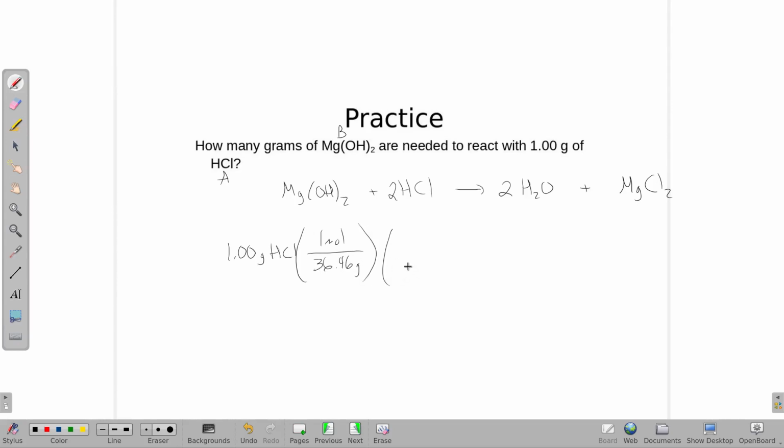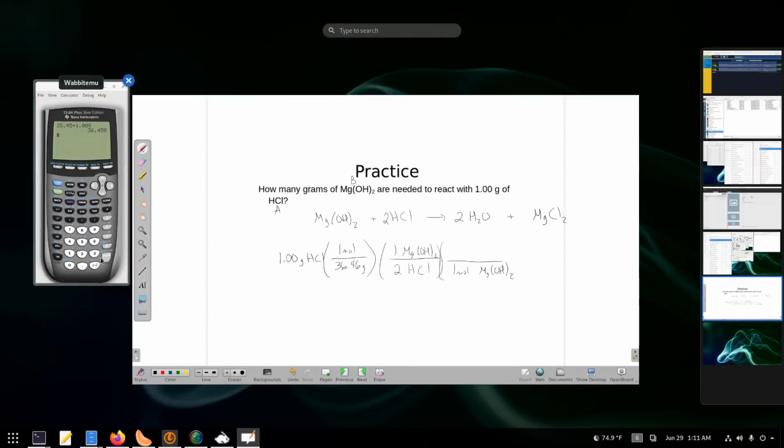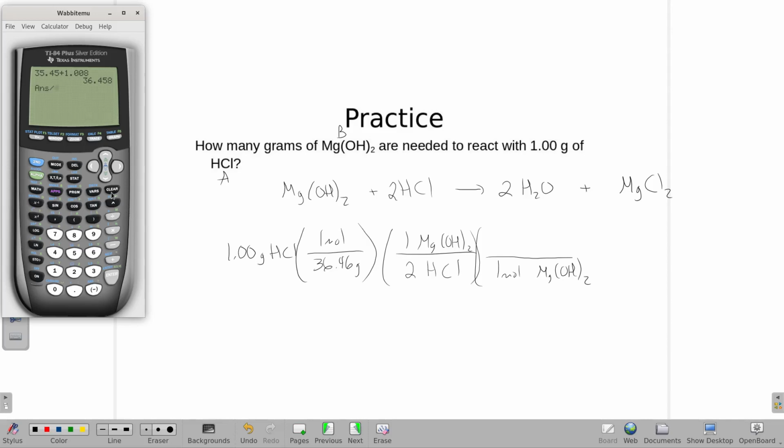Our balanced equation shows that we'd have 2 HCl's for every 1 Mg(OH)2, and 1 mole of Mg(OH)2 is... I keep hitting the wrong buttons.